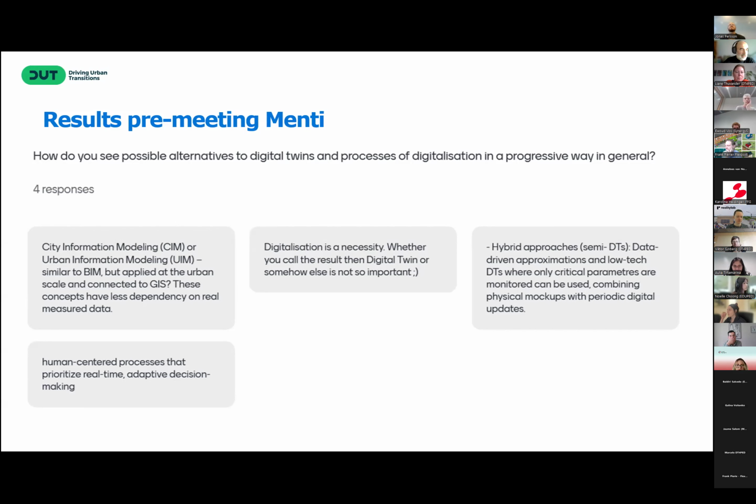Human-centered processes that prioritize real-time adaptive decision-making. Yeah, digitalization is a necessity, whether digital twin or anything else, it's important. And someone brought up hybrid approaches, semi-digital twins as an alternative. Happy to dig a bit deeper into these discussions if the people are here in the subgroups, I guess, but these are already some interesting responses. And we have another one on, next slide, please.